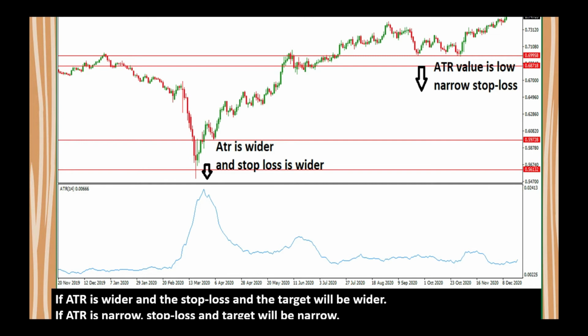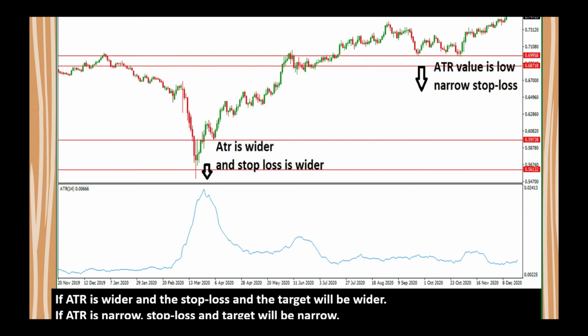And it's very, very important to use average daily true range as a measure of your stop loss and target. You will see on our website, you have a link below this video, that we always use daily average true range as a measure.